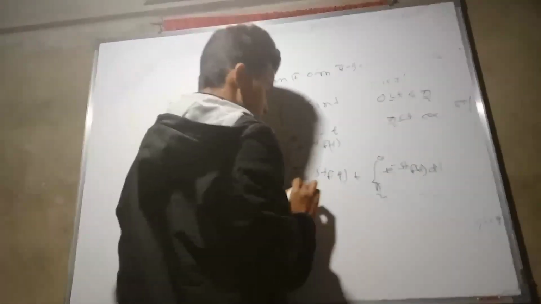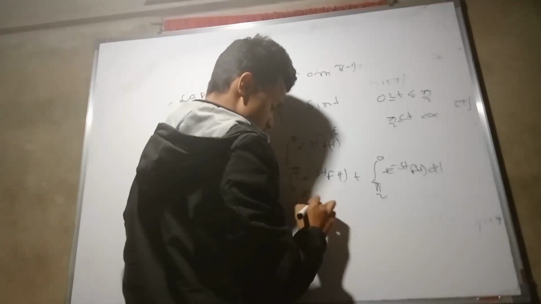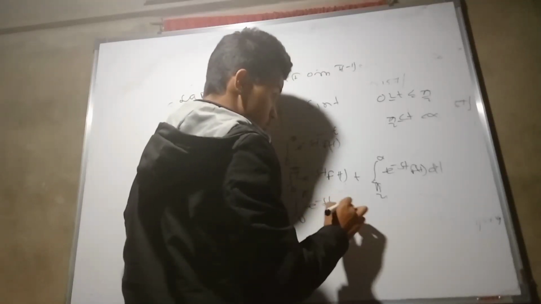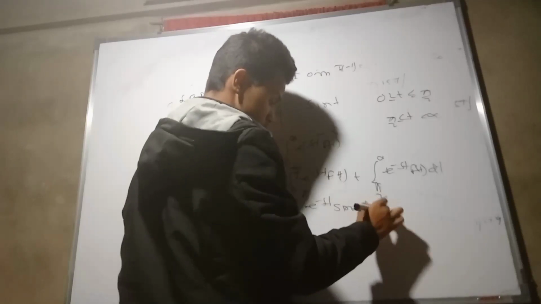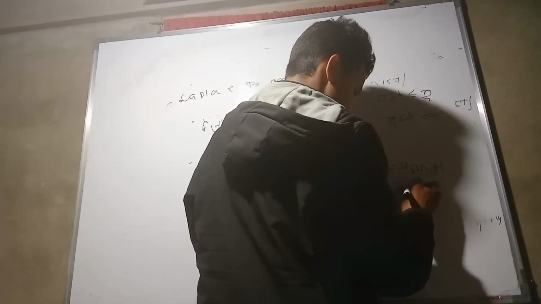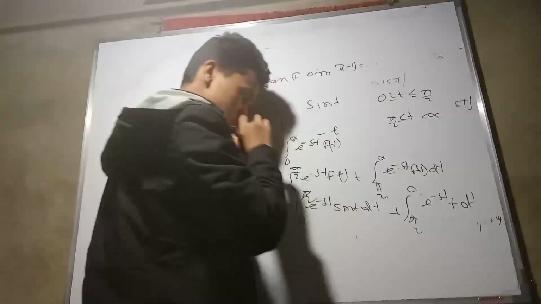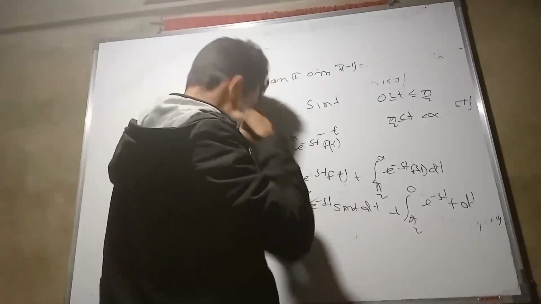Here f of t is sin t from 0 to pi by 2, and cos t from pi by 2 to infinity.